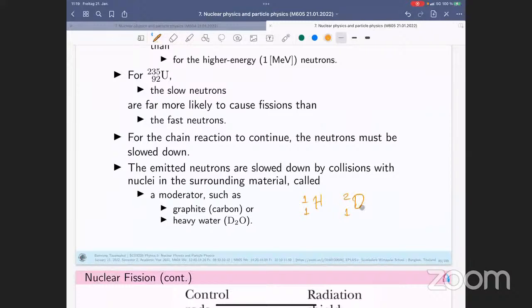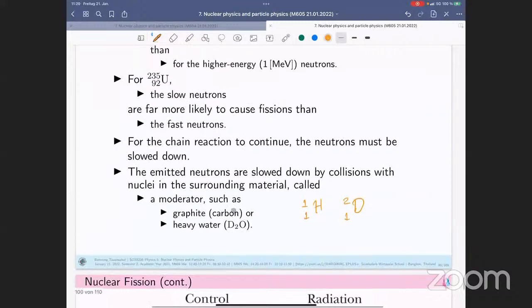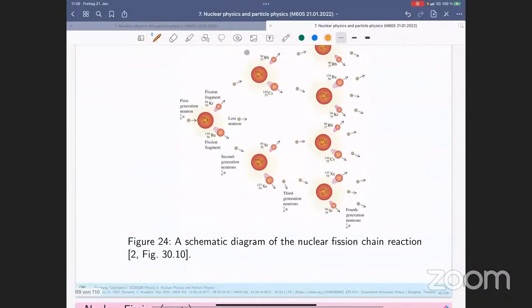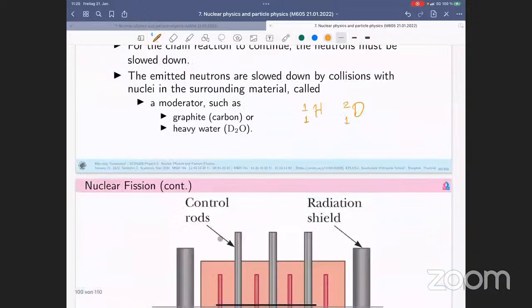We combine deuteron with oxygen and we get D2O, which is known as heavy water. Because the nucleus is bigger, it can somehow absorb the speed of the high-speed neutron, so that we can control the energy of the neutron, so that the neutron will be useful for the next round of fission together with the uranium-235.